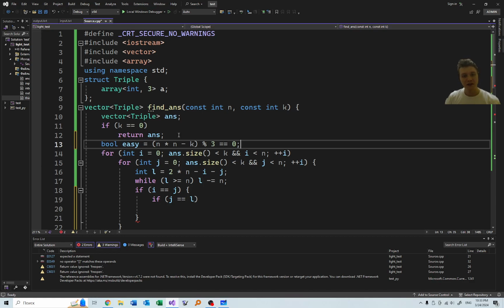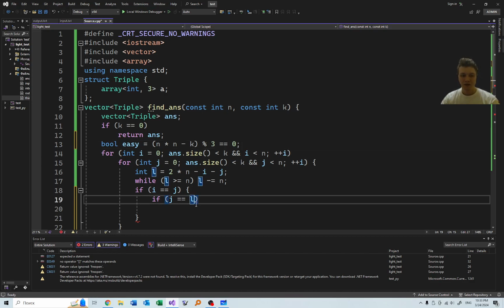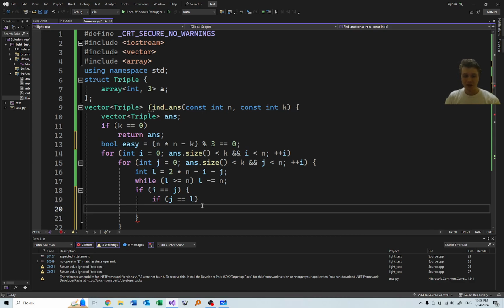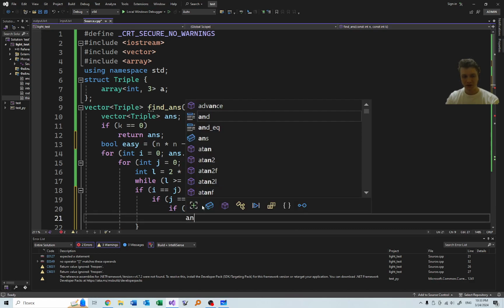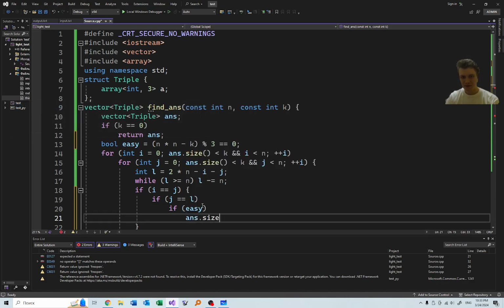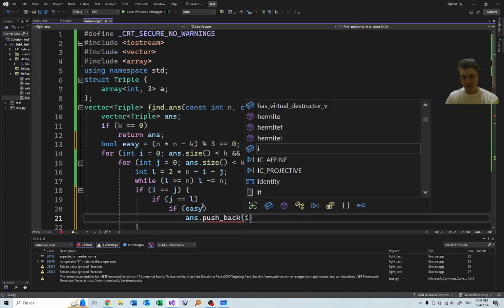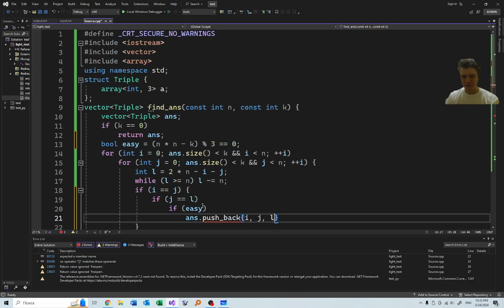Yeah, so k is equivalent to n squared modulo 3. So if it's easy, we just take all such triples. ans.pushback(i, j, l).